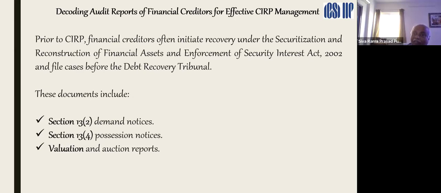Prior to CIRP, financial creditors often initiate recovery under the Securitisation and Enforcement of Security Interest Act 2002 and file cases with the Debt Recovery Tribunal. Only once the efforts are fruitless are they switching over to the NCLT. But today, some cases are filed directly.